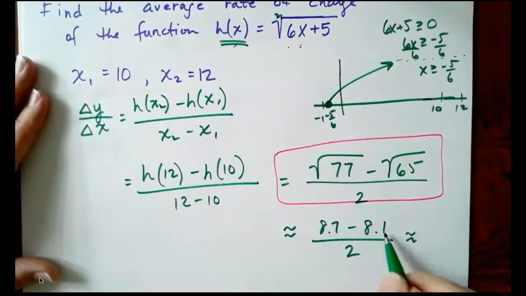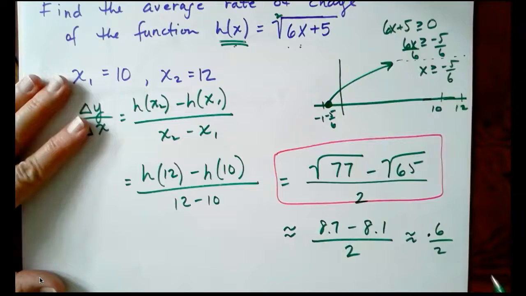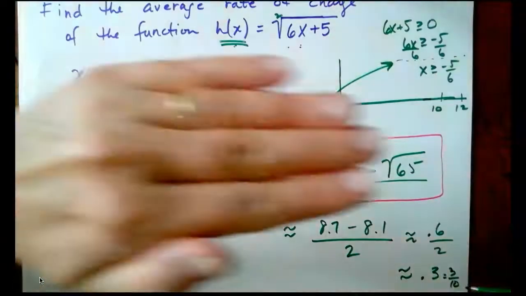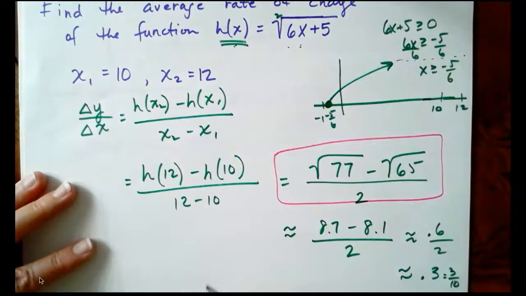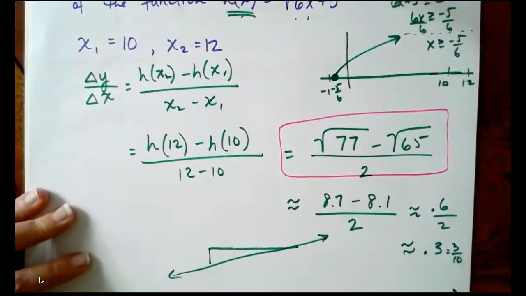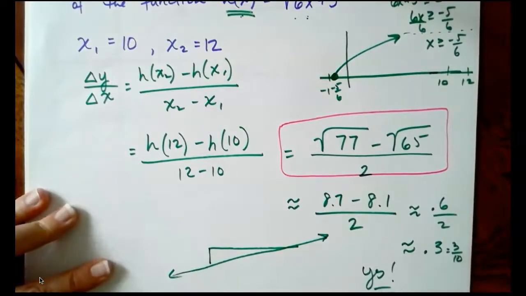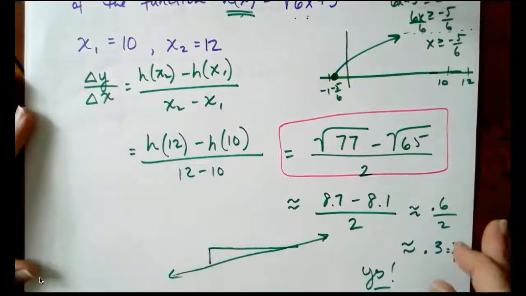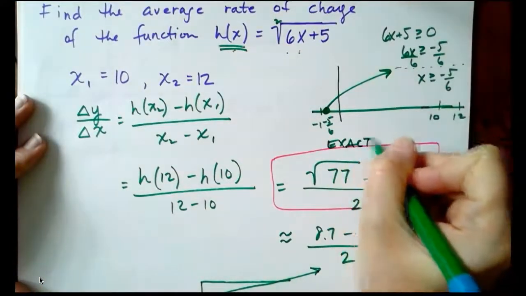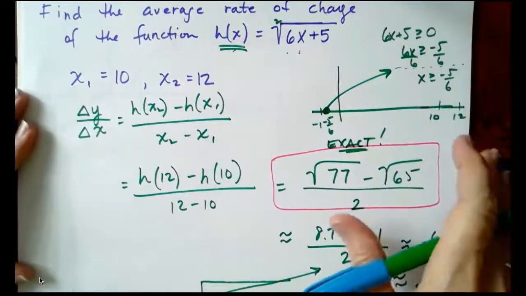This would be 8.7 minus 8.1, which is 0.6, over 2, which would be about 0.3. That is up 3 over 10 if you want to think about it in terms of a slope. That's a pretty flat slope. That would be a not very steep secant line. So does our answer make sense? Yes, and we always want to think about if our answer makes sense. But again, ladies and gentlemen, this is the exact answer, and this is what I'll be looking for.